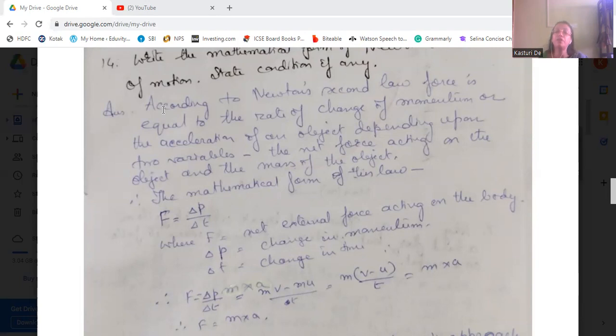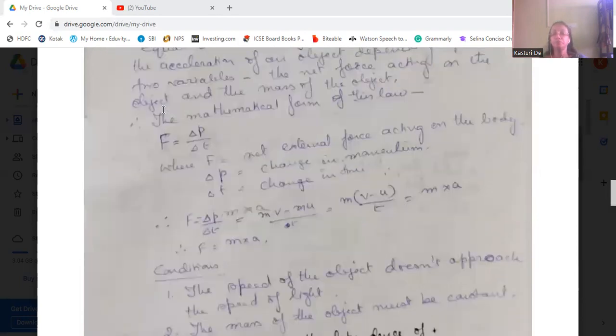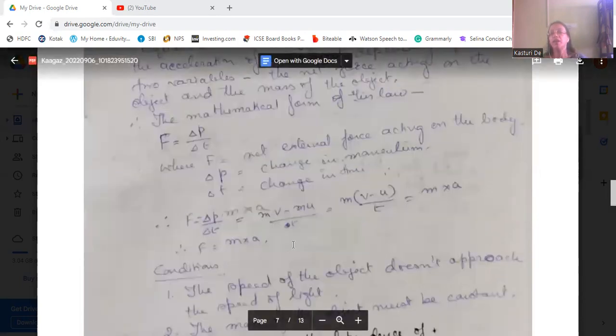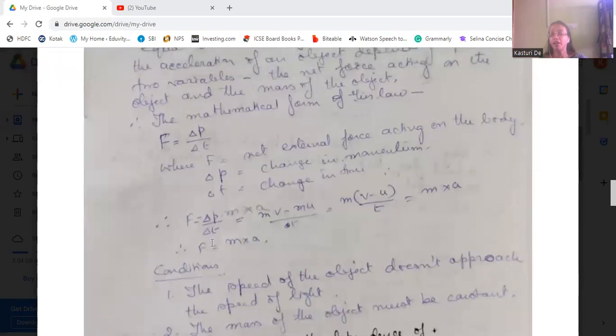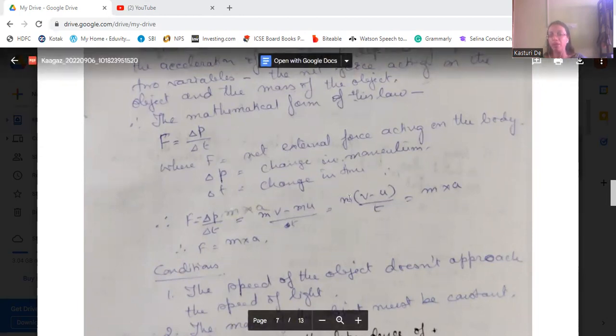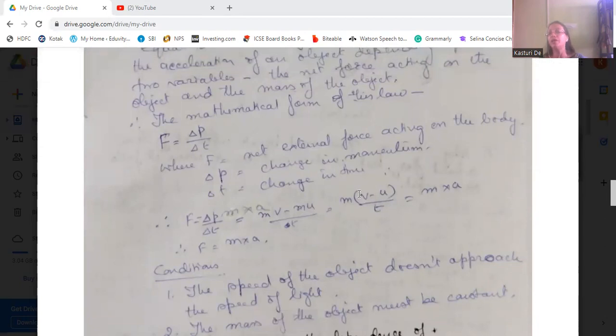So this will be delta P by delta T. Delta P means change in momentum, so we write mv minus mu by t. So we take m common, and we get m into (v minus u) by t, that is m into a.